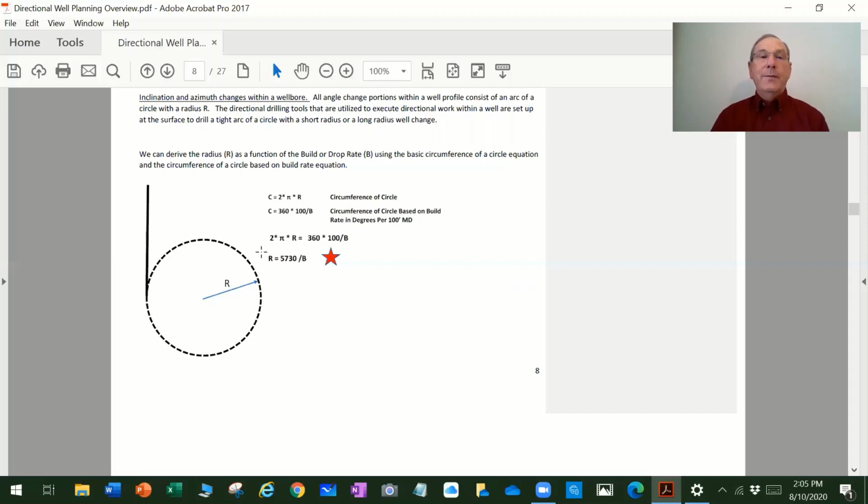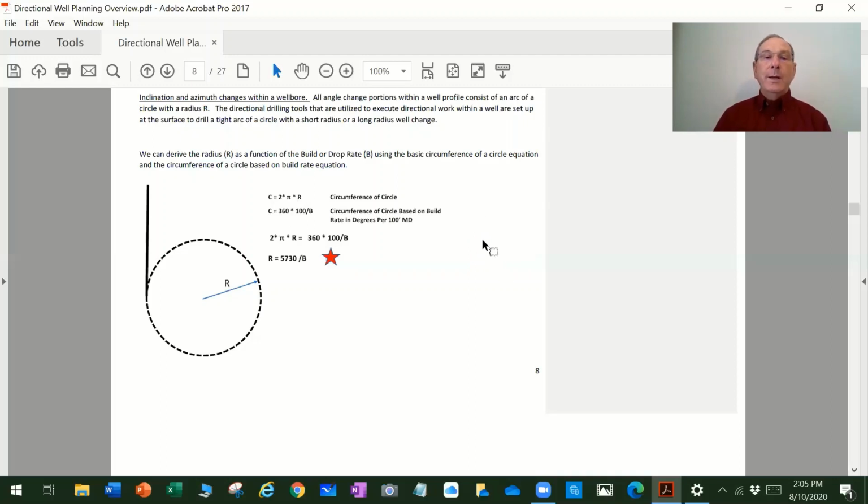I mean, that's kind of a relative term. But we can derive the radius of the circle, that's the arc that we're creating, by using a couple of basic equations that we learned in high school, and also the equation that we use in terms of build rate.